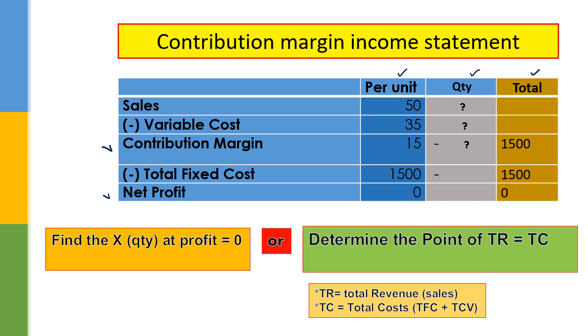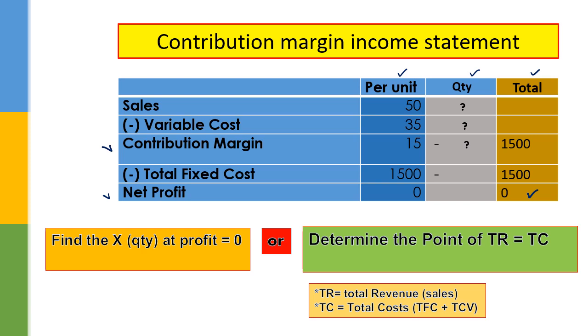So fill in the information: sales is 50 ringgit, variable cost is 35 ringgit, and we will get a contribution margin of 15 ringgit per unit. The total fixed cost is 1,500, and the net profit must be equal to 0.